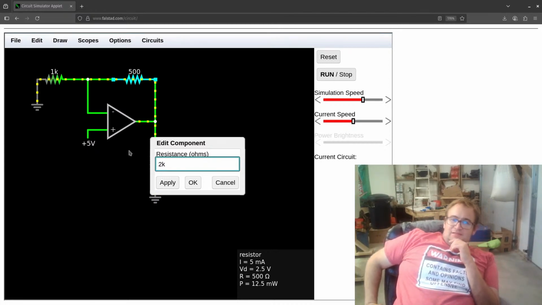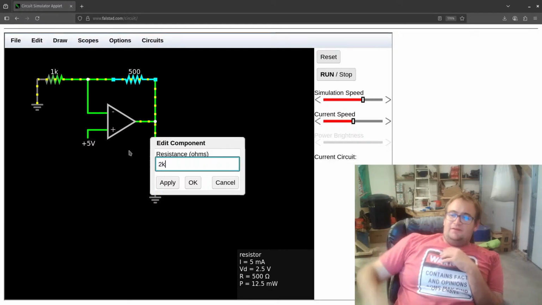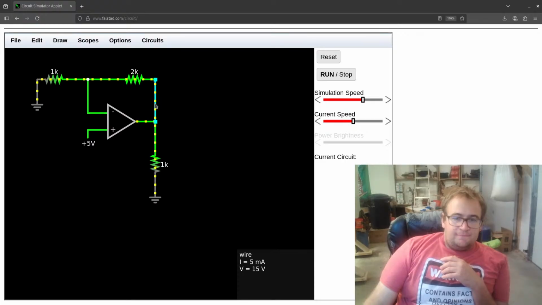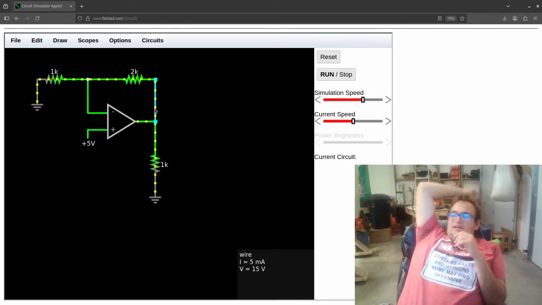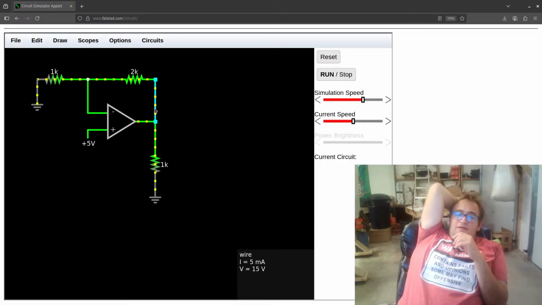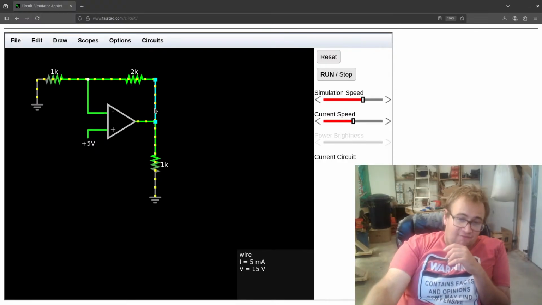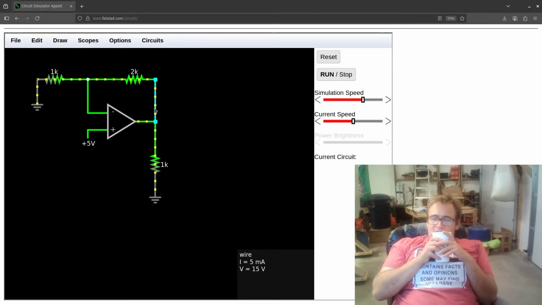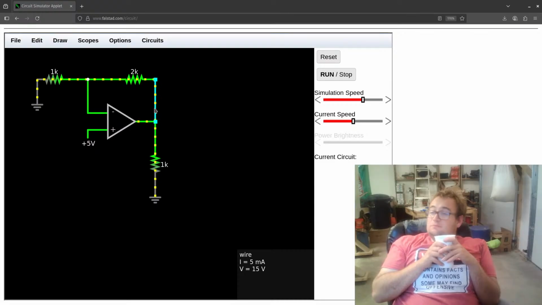So that means we have to have it be 15 volts. Let's double check it. And yeah, 15 volts. That's actually a very good way of thinking of it. So are there any questions, comments, concerns?